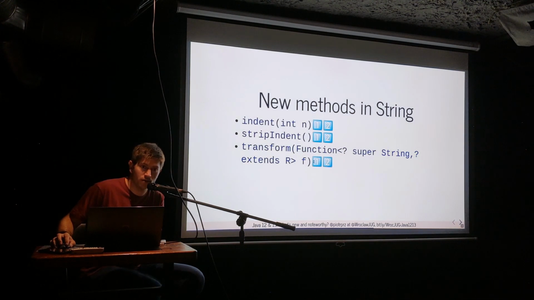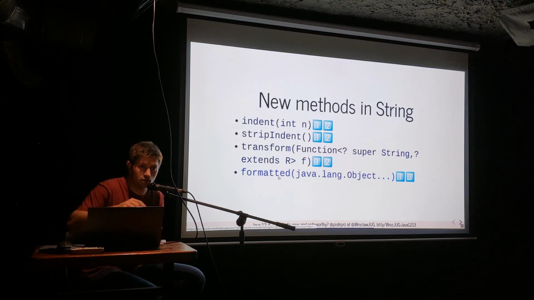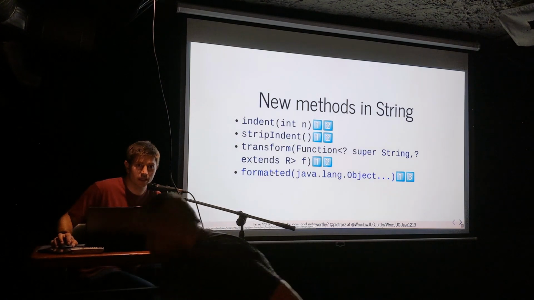We can transform our strings. So for this transform method, we could use, for example, Integer.parse. Or instead of using this static method String.format, we can use this formatted, which is an instance method.